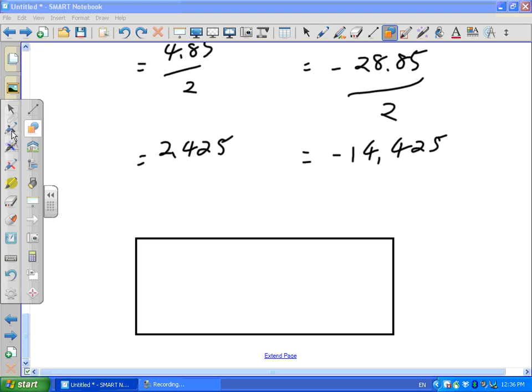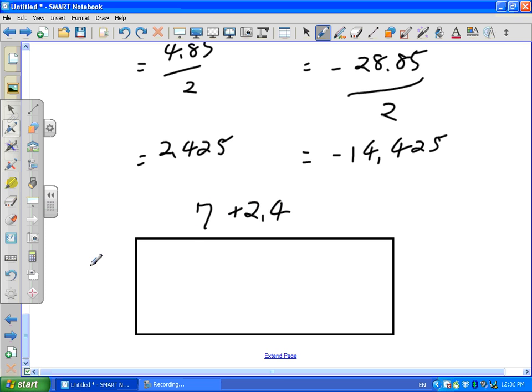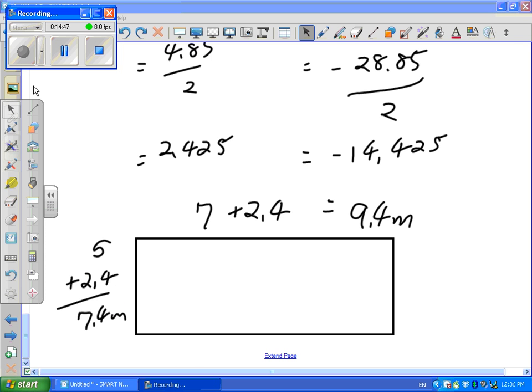We know that our original was 7, and we're going to be adding 2.4, and we had 5 plus 2.4. So our new dimensions are going to be 9.4 meters of fence and 7.4 meters of fence. Does that make sense to you guys? If it asks us for the area, we would just multiply the 2. I'm sorry about that roundabout way. I didn't realize they said to double the area.